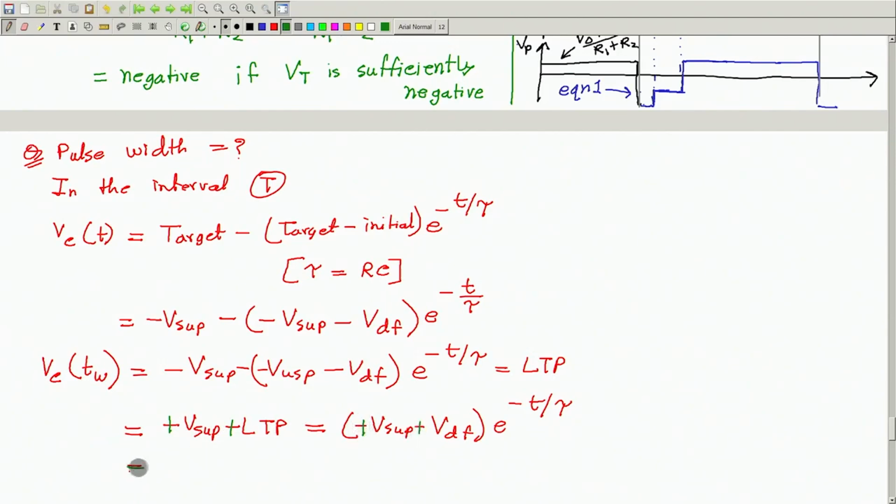And from this I can write V supply plus LTP divided by V supply plus VDF is equal to e to the power minus TW by tau.